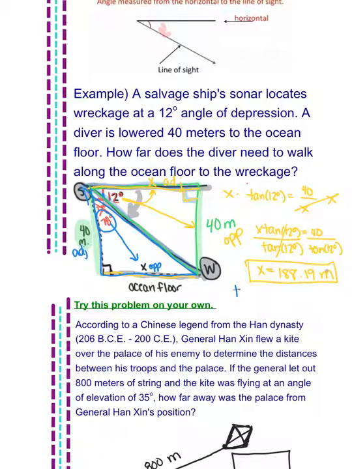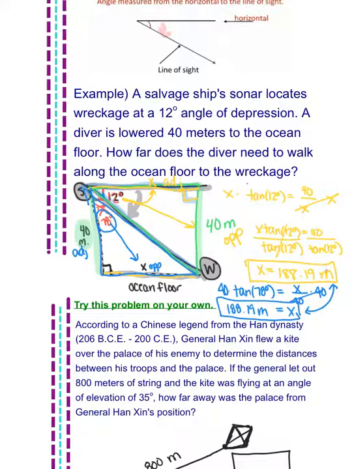So you'd set up tangent of 78 degrees equals X over 40, and that equation is easier to solve. You just multiply by 40 on both sides, and when you plug that in your calculator, look at that, you get 188.19 meters. Same thing as you got up here.